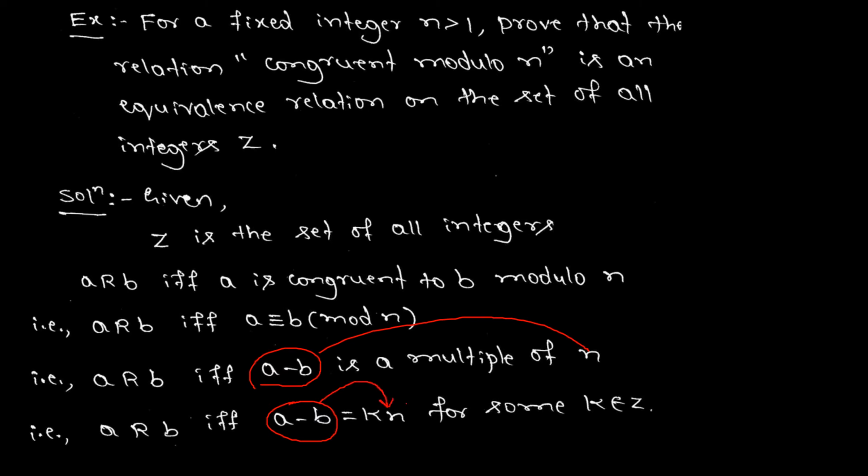That's why we have n as a multiple. That is, a minus b can be written as k times n, for some k belonging to Z.